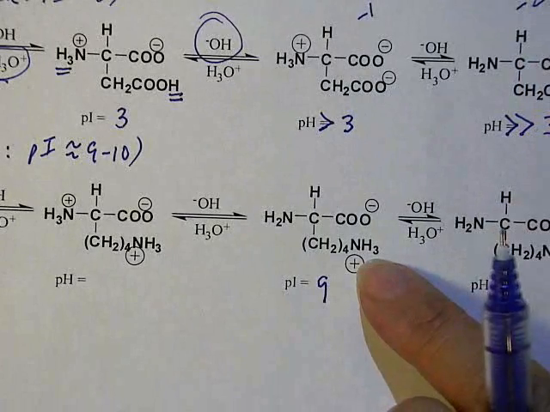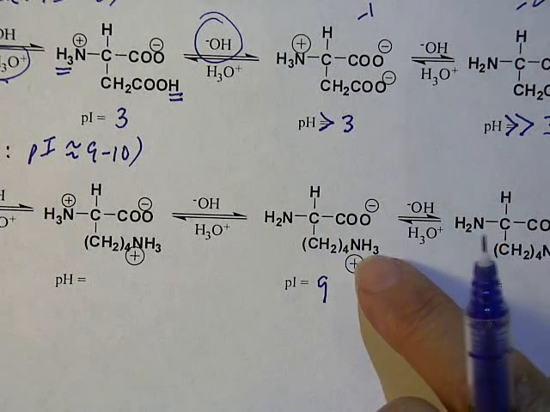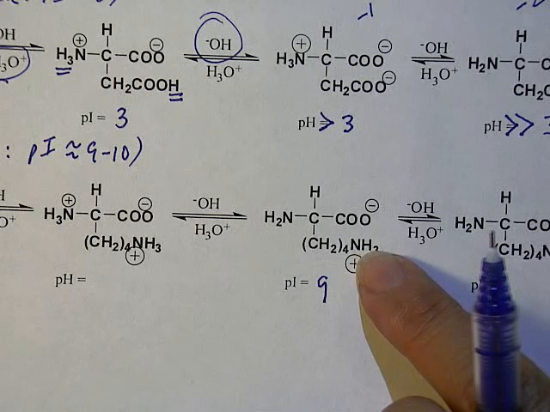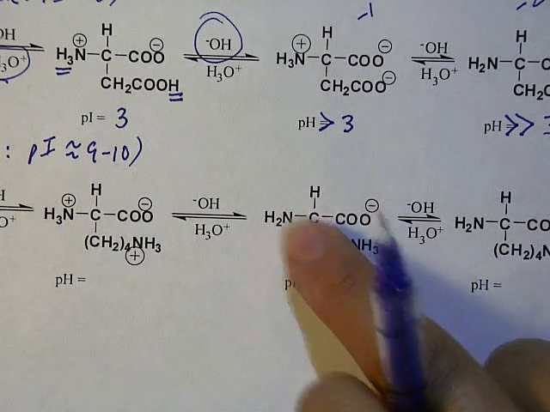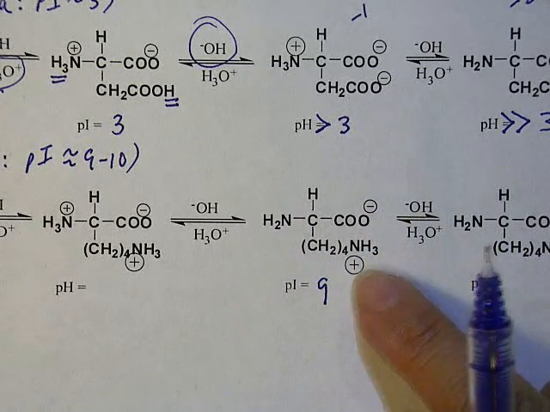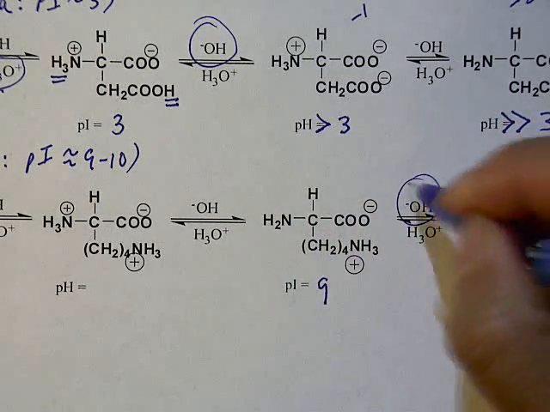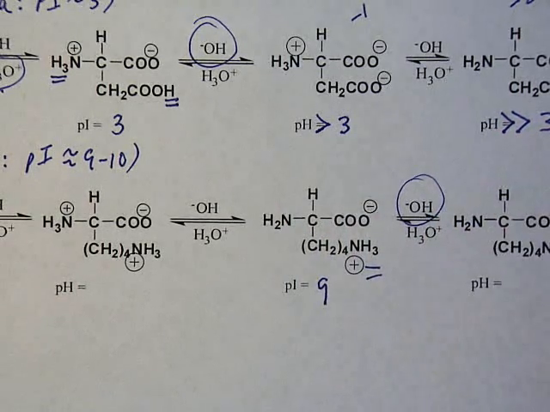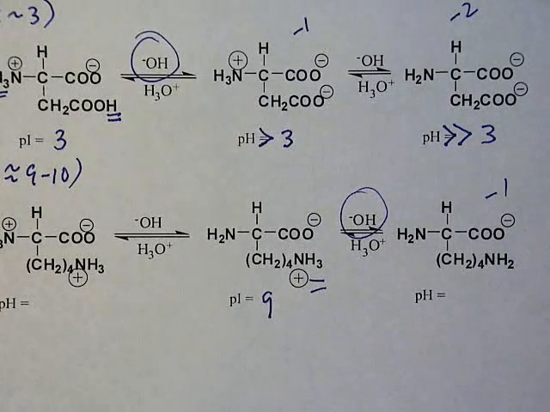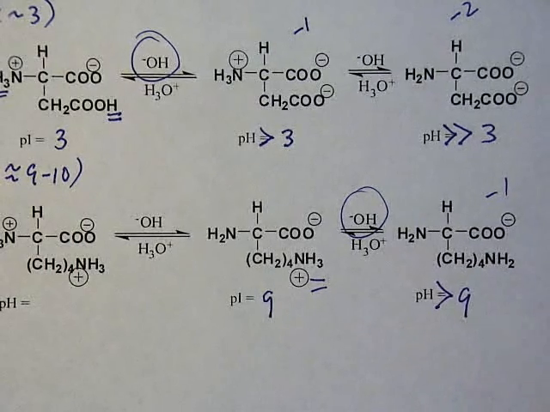So you see that at the pI, this is the one that's going to get the proton first before this. So this would be the neutral species. And if you take this and put it in a more basic environment, then it's going to lose that proton. So then it's going to be overall -1 at greater than 9 pH.